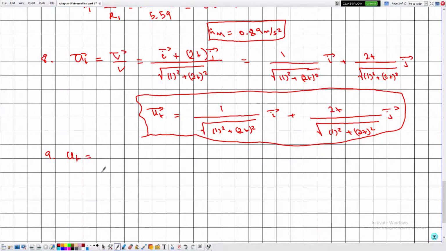The magnitude, which is denoted by ut, is the square root of the x component, which is this, plus the y component, which is given by this.